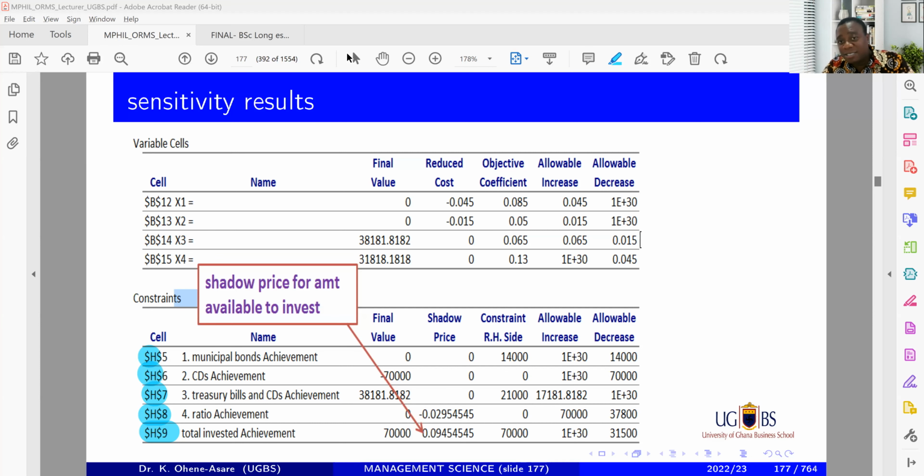There could be other ones that will have positive shadow price like 0.08, 0.05, 0.04. They are all positive. But in this case, this is the one that has the biggest shadow price. Not just positive, but biggest of the positive shadow price. And as a result of that, it is the one that will yield the most investment return.